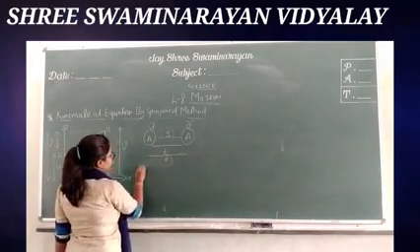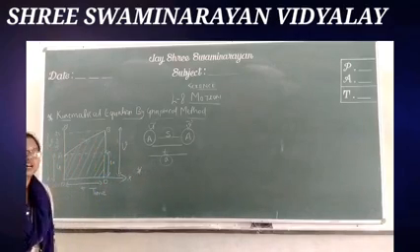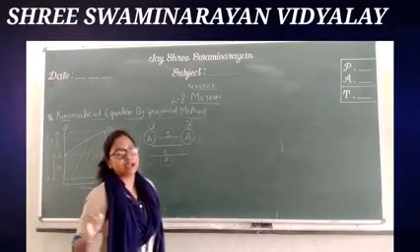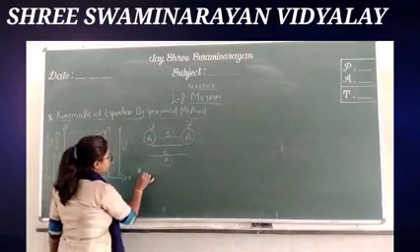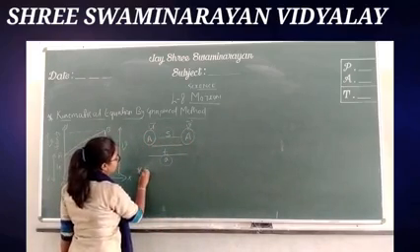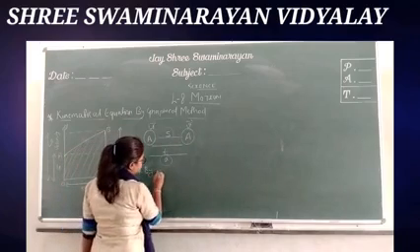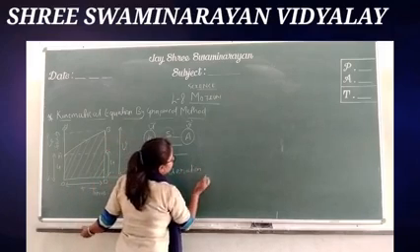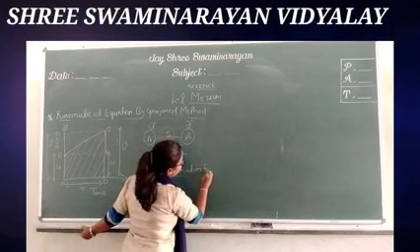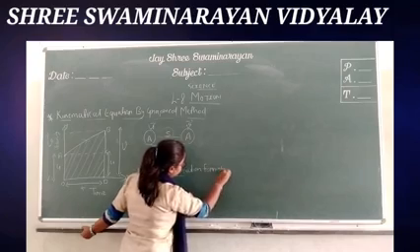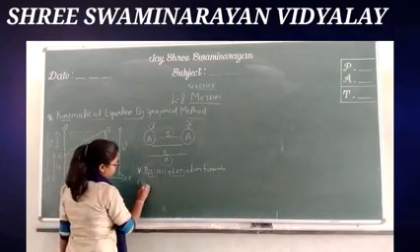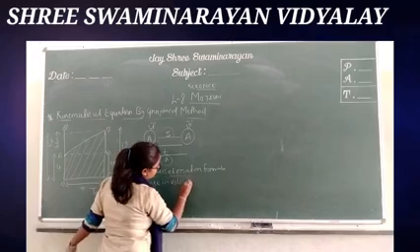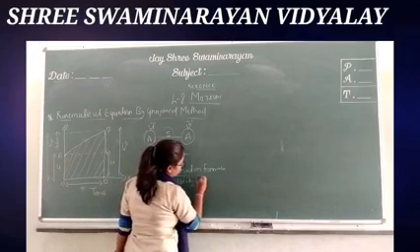So for the first derivation we have to apply the formula of acceleration, that is change in velocity with respect to time. Okay students, by the acceleration formula, that is change in velocity with respect to time.